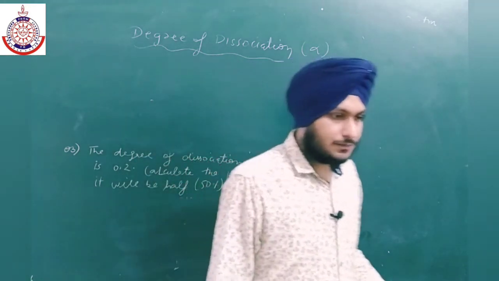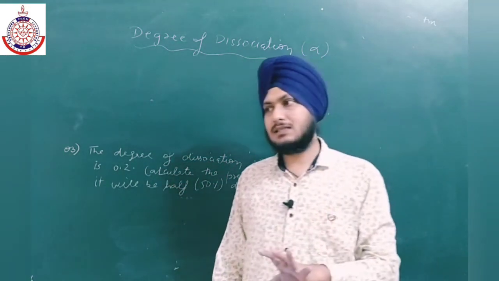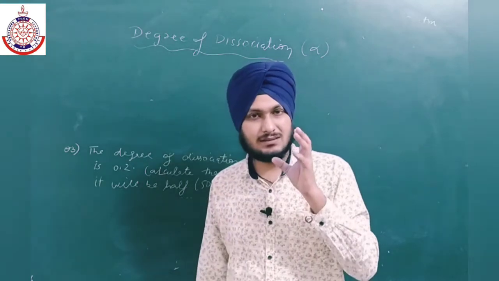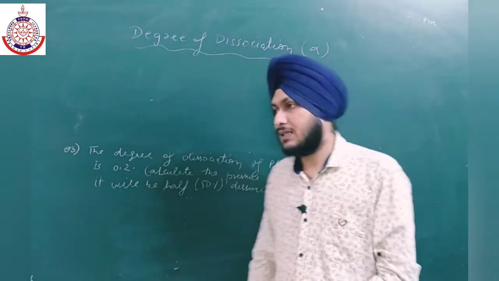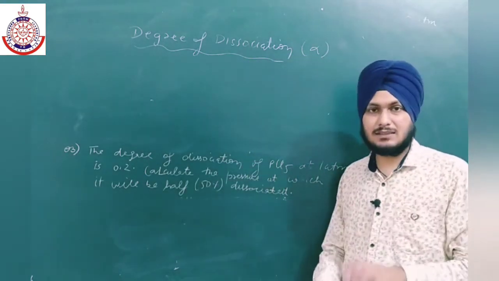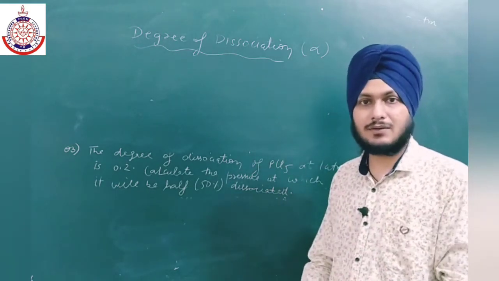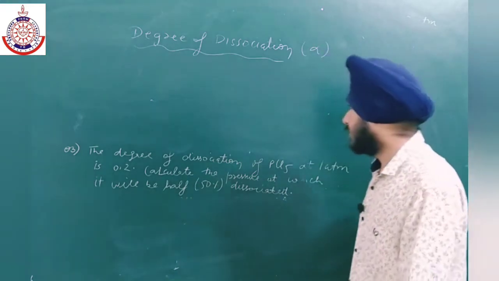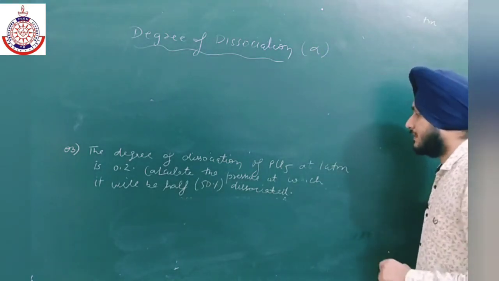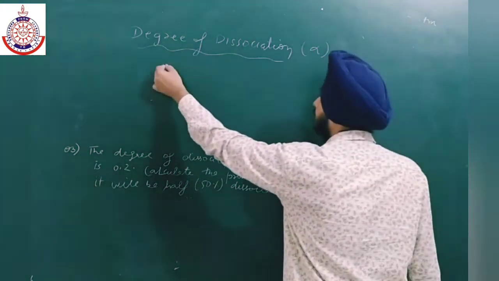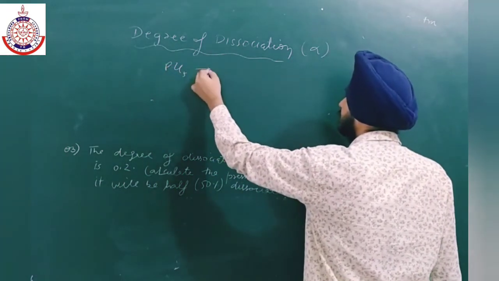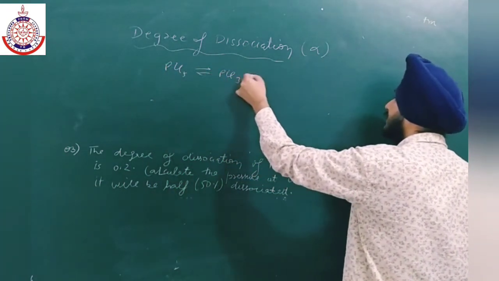So we should know some basic chemical equations, because a question may be asked in the exam where the chemical equation is not given to us. So PCl5 dissociates into PCl3 plus Cl2.